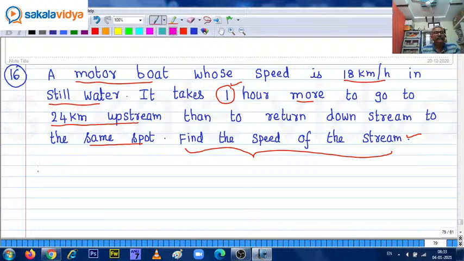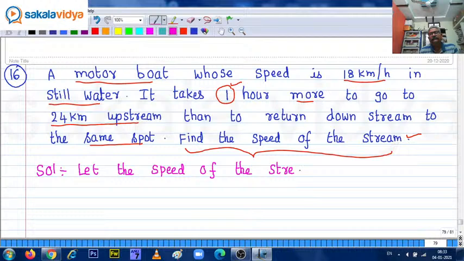So now the solution. Let the speed of the stream equal x, that means x kilometers per hour.